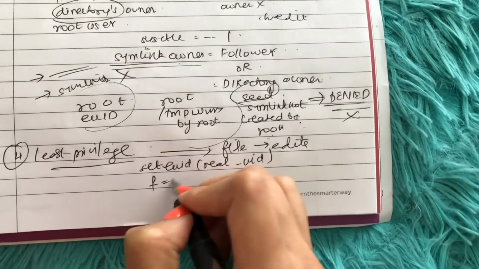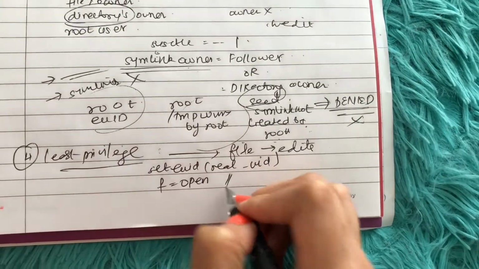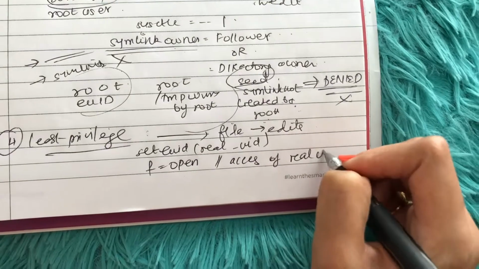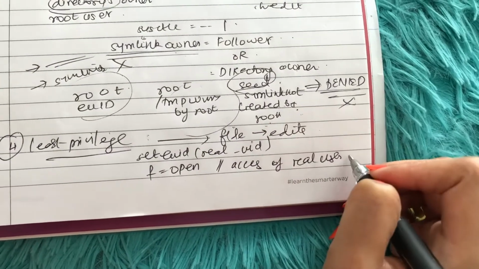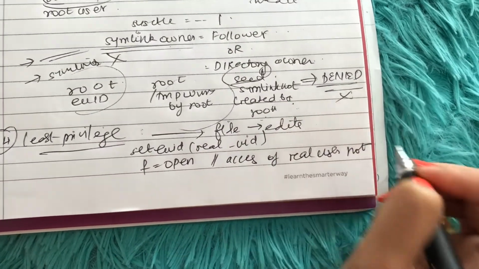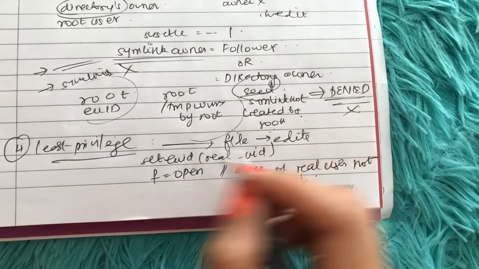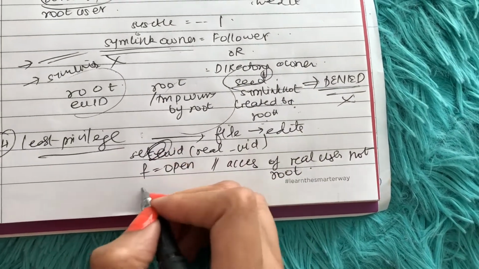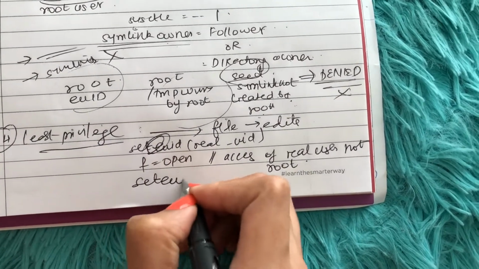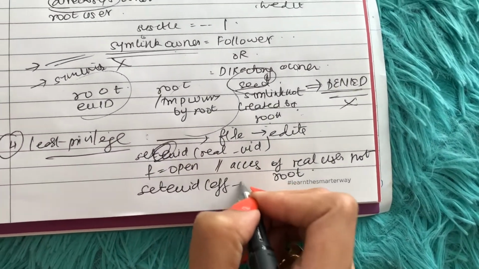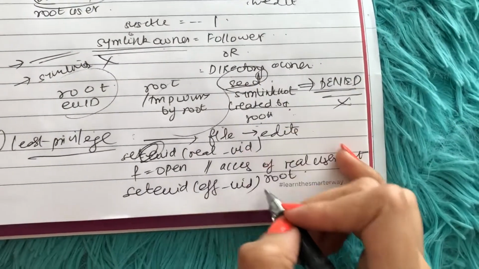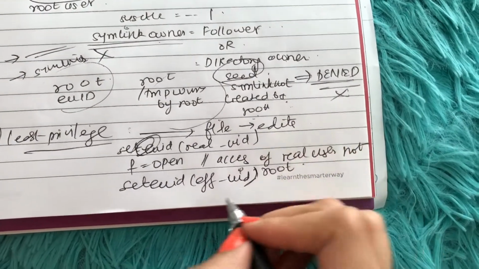Then f equals open. So the access of the real user is checked here, not root, because this is the effective user ID. And then again you set UID to effective UID when you don't need it.